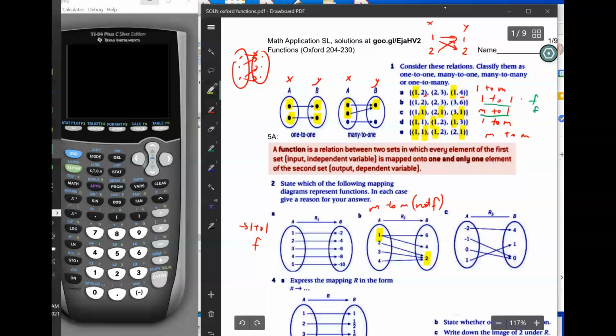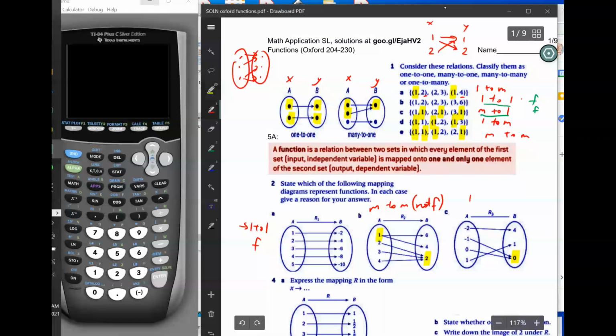So the next one, I have both -1 and 0 mapping to 0. Okay? So 0 is repeated. -1 to 0 and 0 to 0. The y value 0 is repeated. So basically we have a 1 to many here.